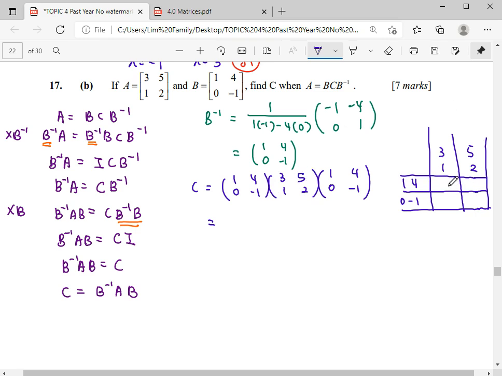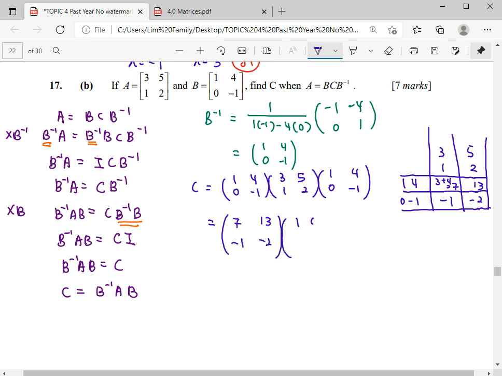In order to get this entry, I have to do 1 times 3, 3, 1 times 4, 4, so you get 7. And for the other part here, there will be 5 plus 8, which gives us 13. Then 0 times 3 is 0, so we get negative 1. Then 0 times 5 is 0, so we get negative 2. So we finish our first matrix multiplication. This is 7, 13, and then negative 1, negative 2.